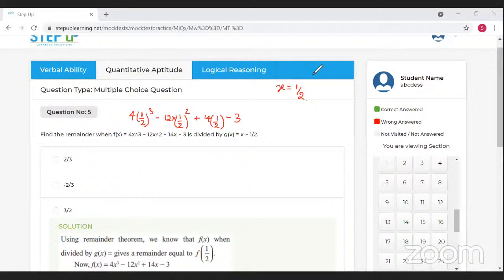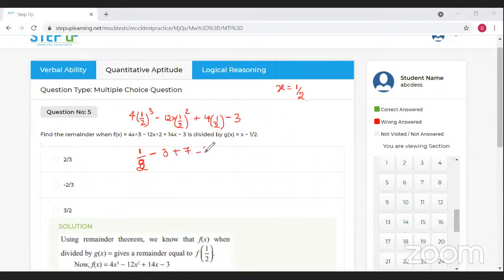Smart Creations, for which question you said explain once again? I didn't see that. So the answer will be 3 by 2. Just finish it. 2 cube is 8, so 1 by 8 times 4 it will be 1 by 2. Minus 2 square is 4, so this will be minus 3, plus 7.